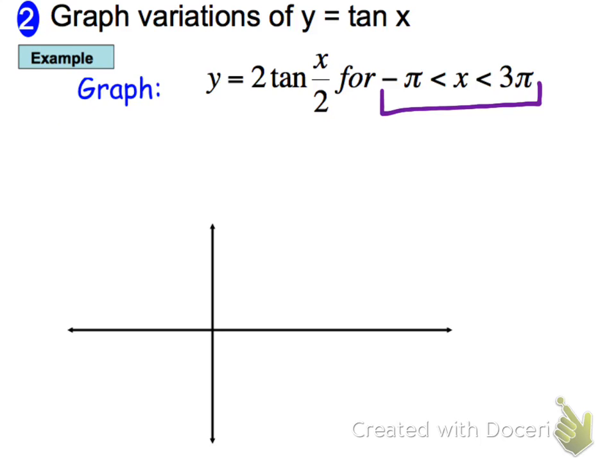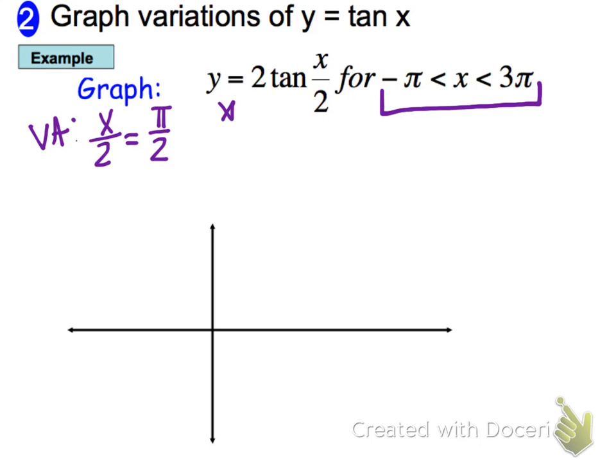In order to find our VAs, remember our vertical asymptotes, we will go ahead and take our equation, the thing that we're taking the tangent of. So in this case, it's x over 2. And we will set it equal to pi over 2.